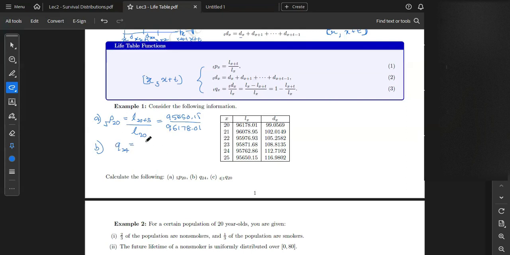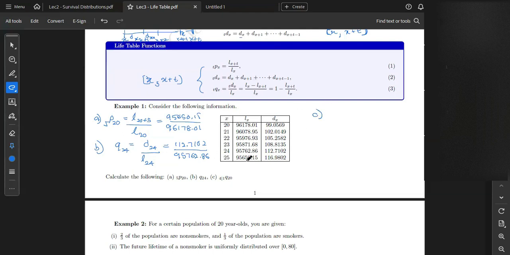Since this is 1 year, that means the number of deaths starting at the 24th interval, which is the 24th year, and X is 24. L24 is the number of survivors at the beginning of the year. We have these two numbers on the table, and finally we have the probability like this.